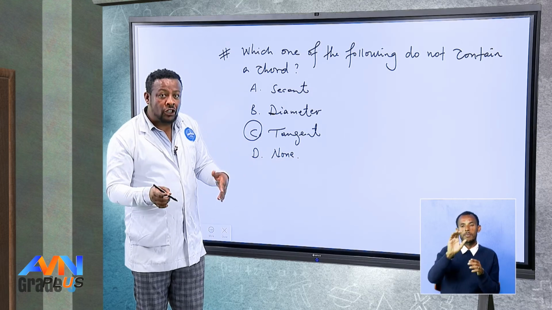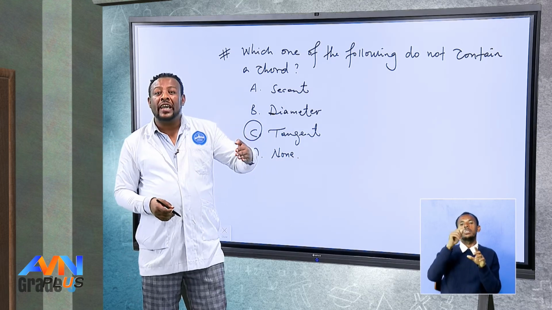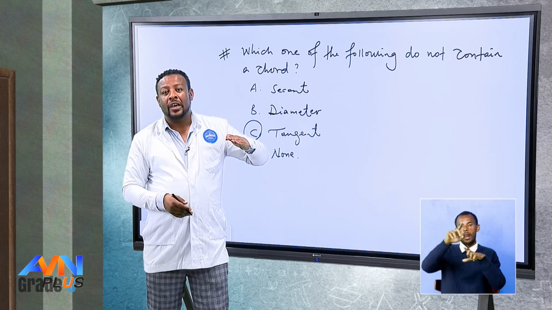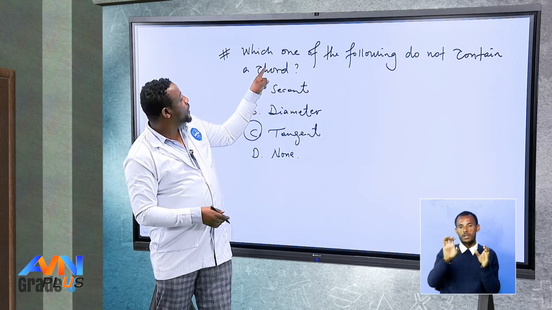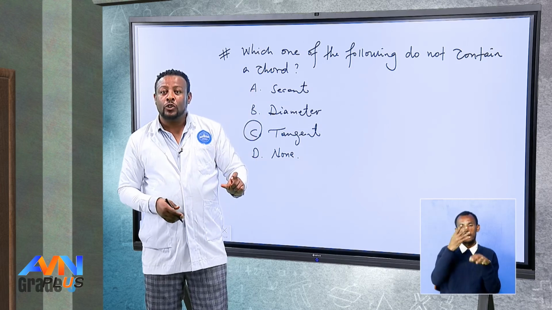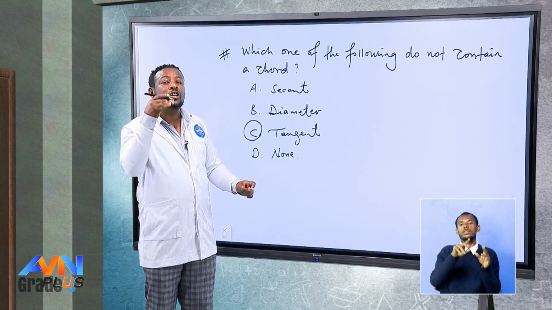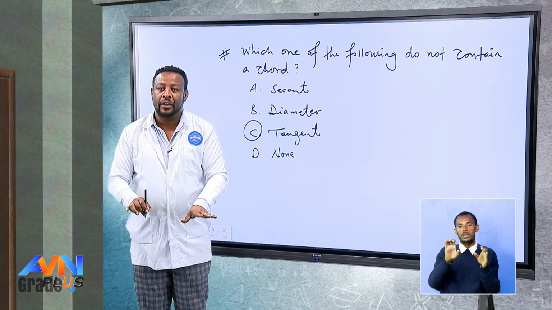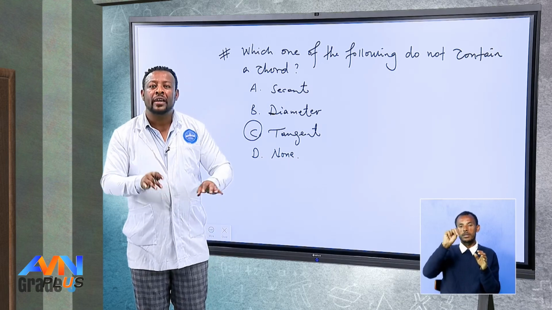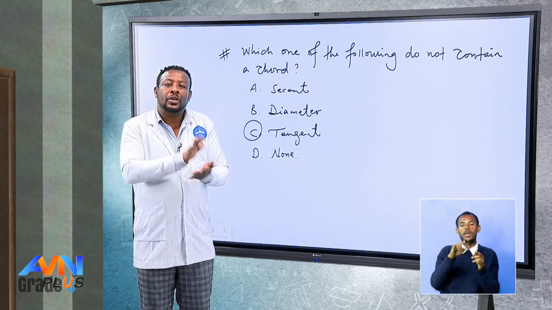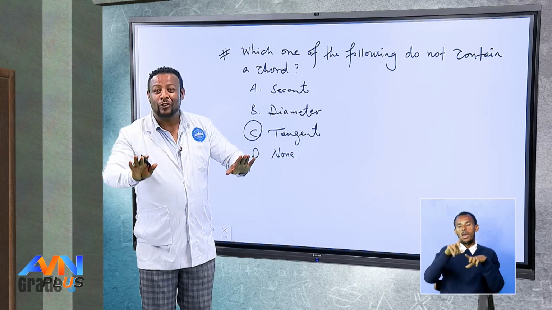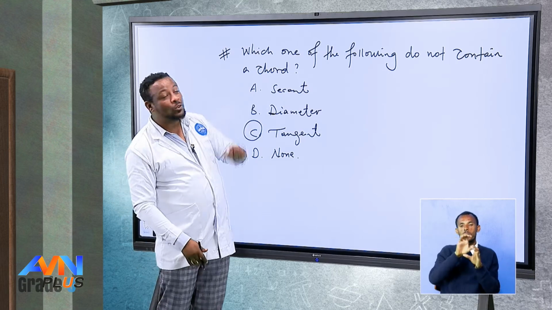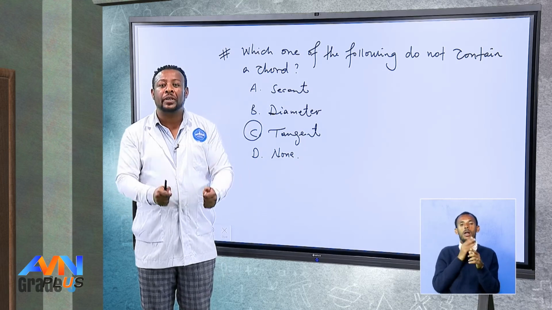By definition, tangent of a circle is a line that touches a circle at only 1 point, but a chord touches the circle at 2 points. So there is no way for a chord to be on a tangent line. So a tangent line do not contain a chord. So for this question, our answer should be C.